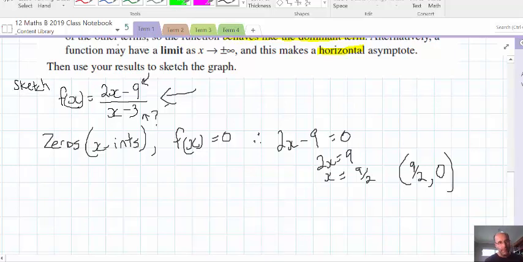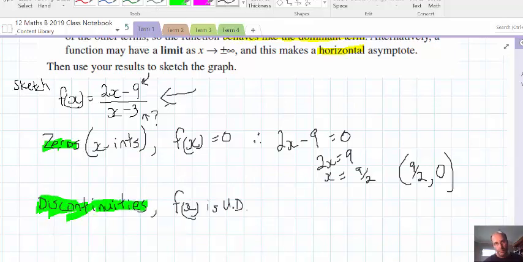Okay, so discontinuities now. Alright, so we've got our zeros. Now it's time for the next phase, the discontinuities. This is when the function is undefined.